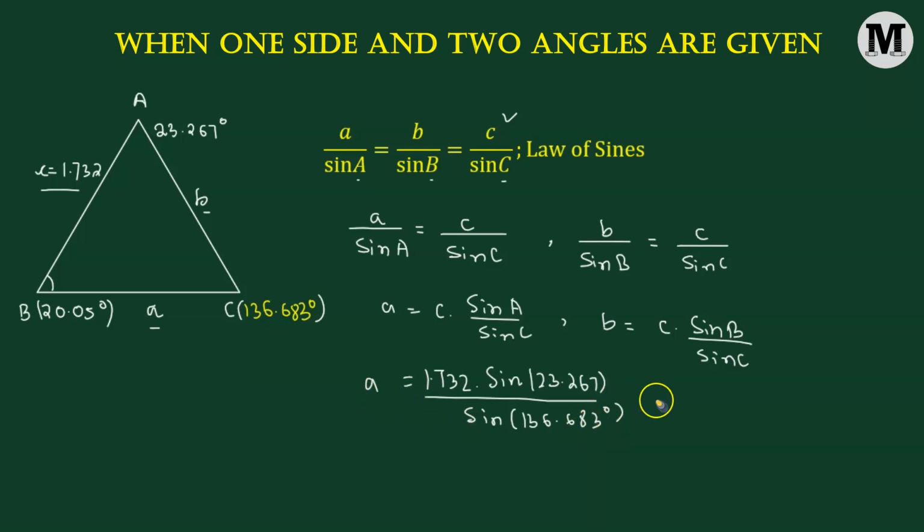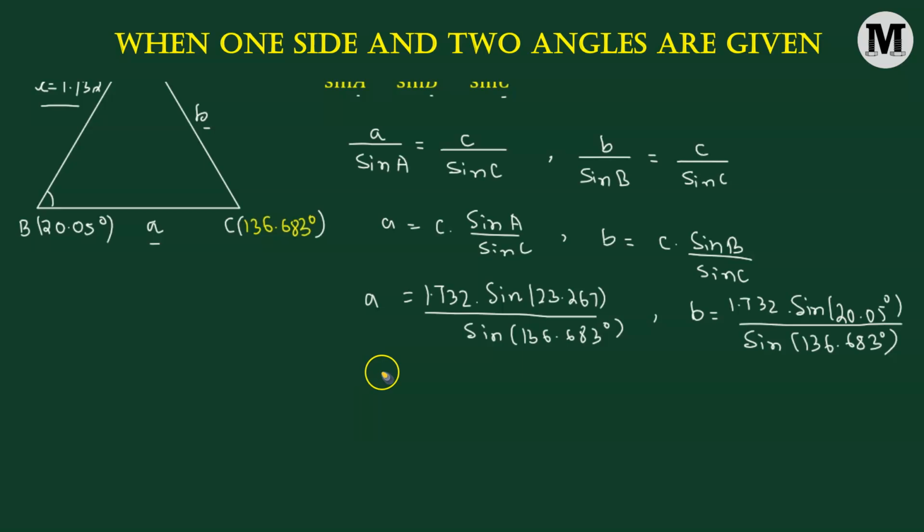We'll compute the value in the next step, but let's also find b. b equals 1.732, replacing c with its value, times sine of angle B, which is 20.05 degrees, whole divided by sine of angle C, which is 136.683 degrees. We plug these into a calculator, and a comes out to be approximately 0.997, and b comes out to be approximately 0.866. So these are the values of a and b.